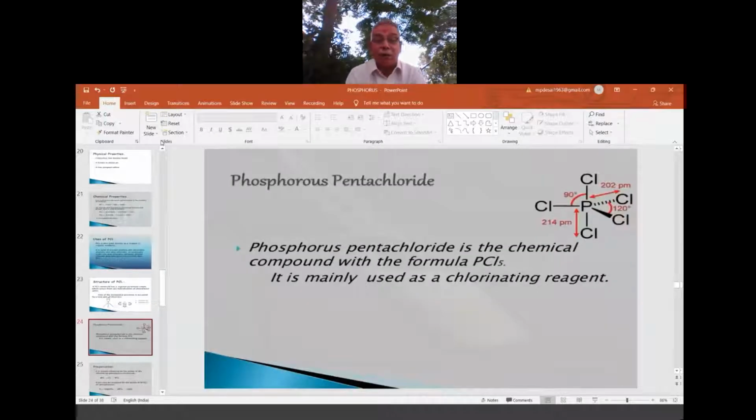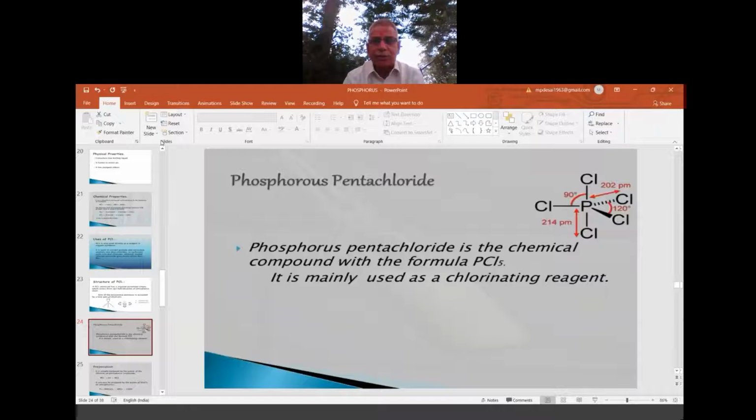Now phosphorus pentachloride. PCl5 is still more unstable than PCl3. Both are unstable, but PCl5 is more unstable. Why? It is because of the structure. Out of the 5 Cl in PCl5, 3 are on the triangle, that is the base, and 2 are one above the triangle, one below the triangle.